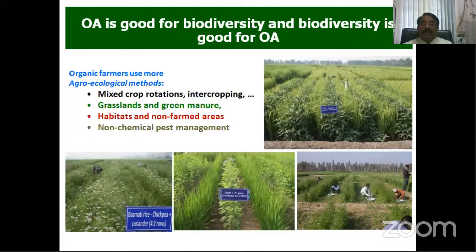Then, organic farming is good for biodiversity, and biodiversity is good for organic agriculture. Whatever is possible, biodiversity must be maintained at the organic farm. Here I have grown intercrops: coriander in between the chickpea, coriander in between the vegetable pea, even soya along with the rice.